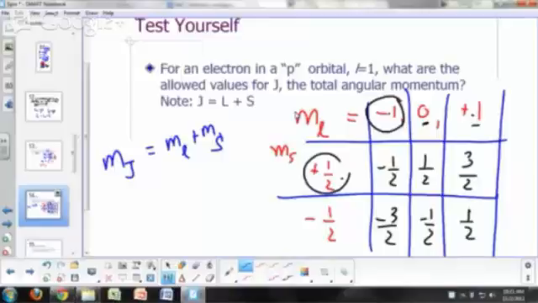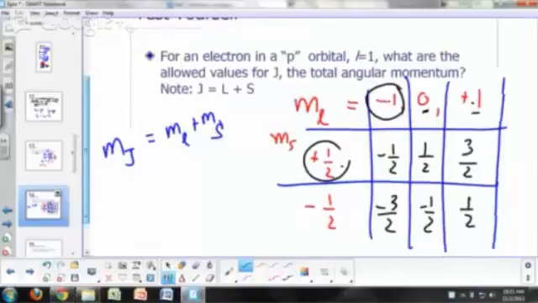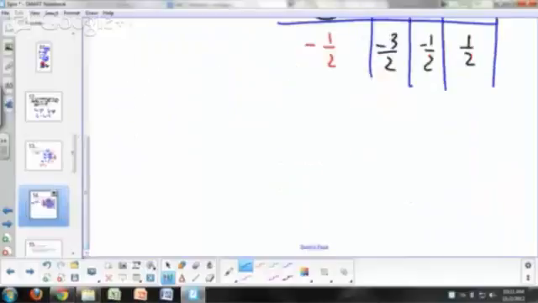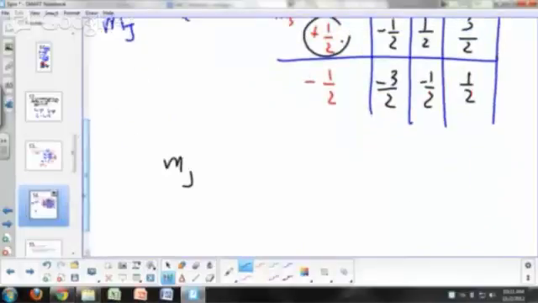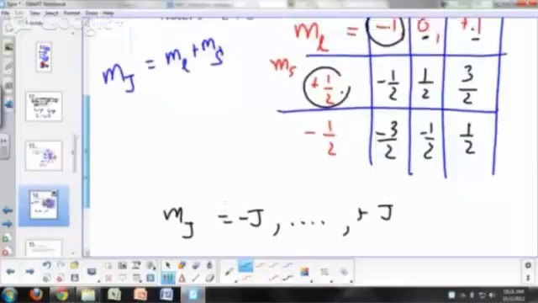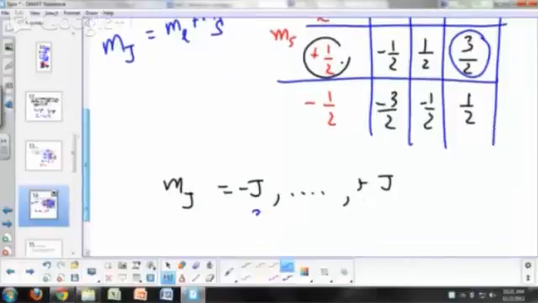So what are the allowed values of J then? Remember, m sub J's go from negative J to positive J. So what's the largest m sub J that we have here? 3 halves. So that must be part of a set that goes from negative 3 halves to positive 3 halves.